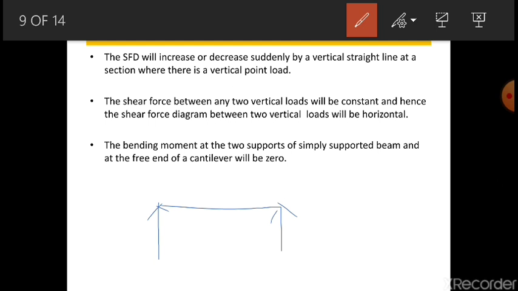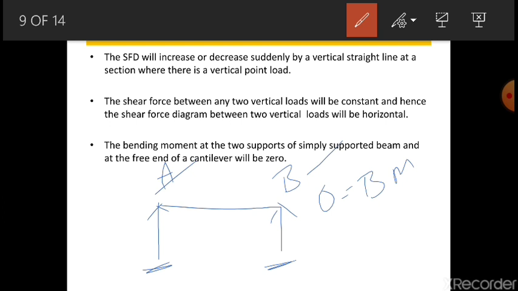So the bending moment at this section A and section B, that is at the support ends, at support A and support B, will be 0. Okay, bending moment at both the points will be 0. Keep it in mind. No need to calculate it. The bending moment at the simply supported ends will be equal to 0.